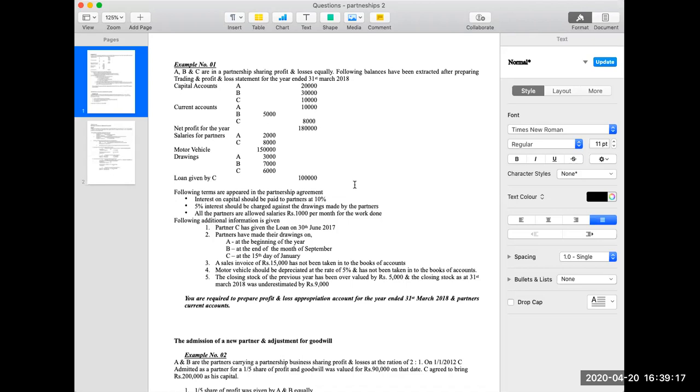Therefore, whatever balance you are getting will be divided by 3 and each partner is getting that share. So the same amount will be recorded in the current account as well. Current account credited, P&L appropriation account debited. Right. That's all, the first question.